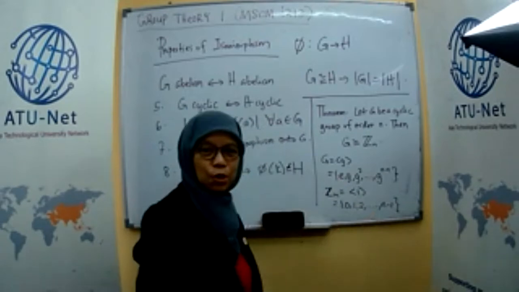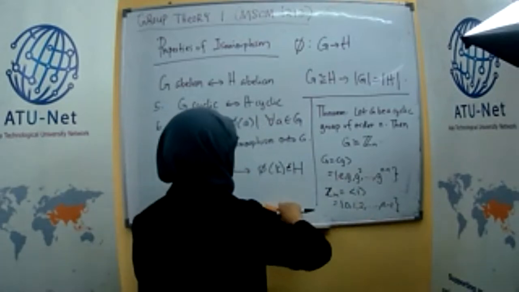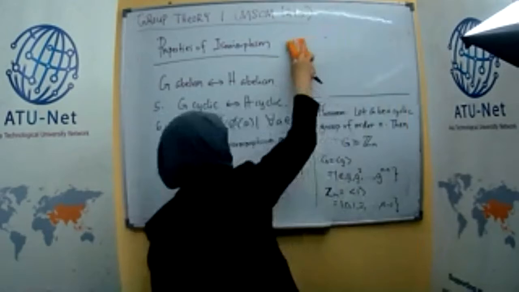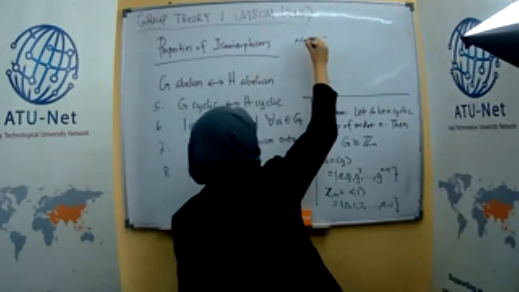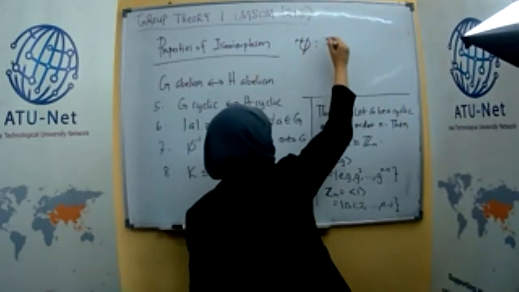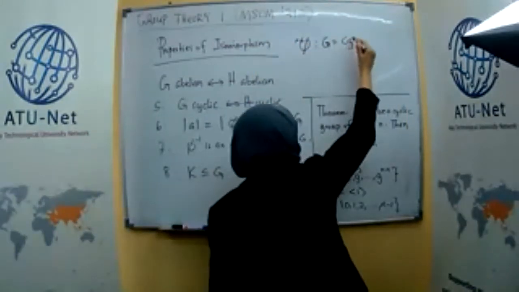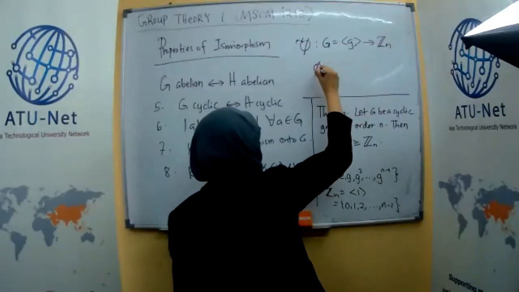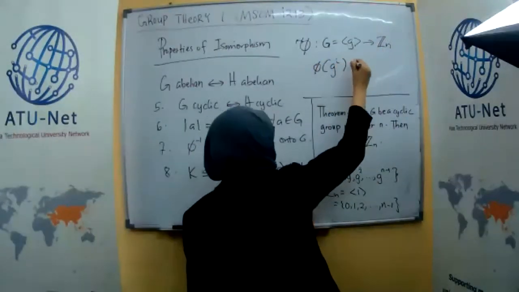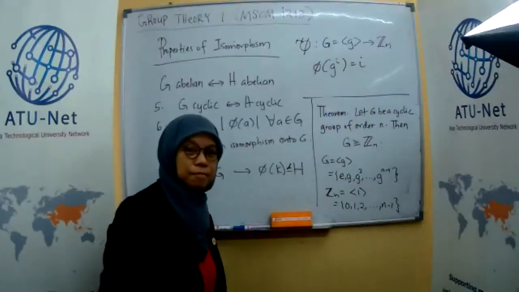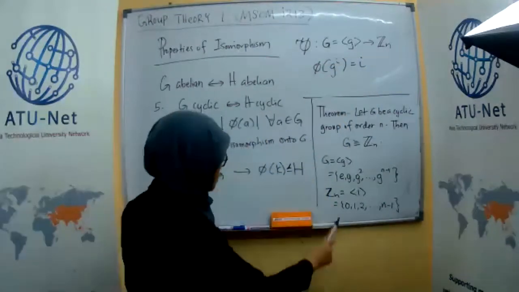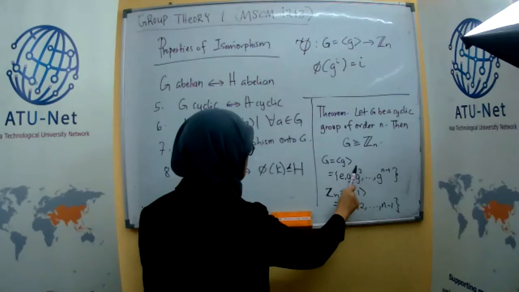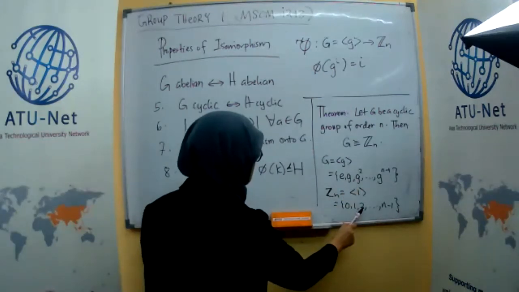Right? That is how you map. So if you want to show this, the proof is you have to show the mapping. So phi is from G to Zn. Phi of G to the I is I. You map G to the I to that number, right?